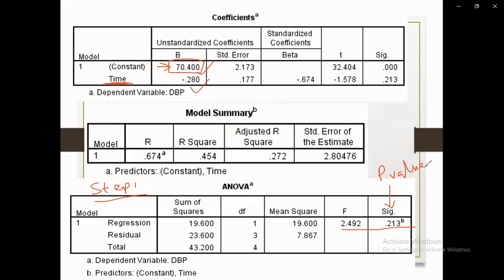Now, how do we compare such values with your alpha value? Let me mention that the default value for the statistical software is alpha of 0.05, which means 95% confidence, 5% significance.